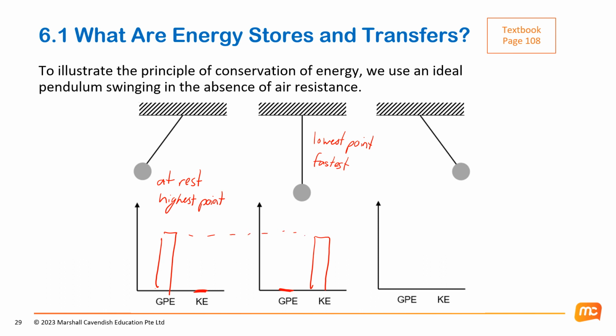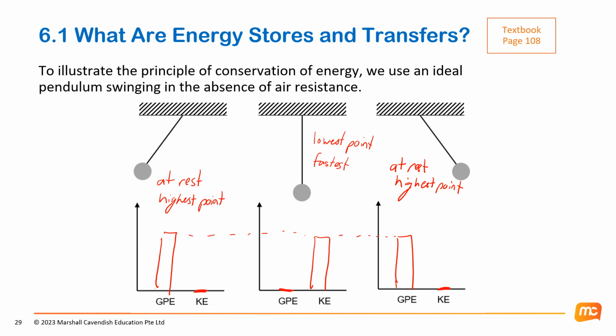And then finally, when it swings over to the right hand side, again it is going to be at rest and at its highest point. So again, it is going to be a repeat of the first scenario, which means that this energy over here is all going to be in the gravitational potential store with nothing in the kinetic store because it is not moving.